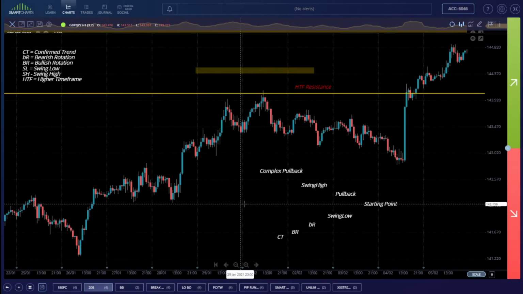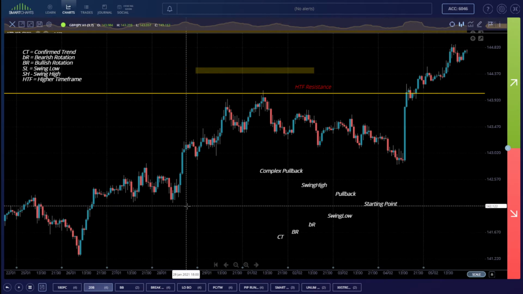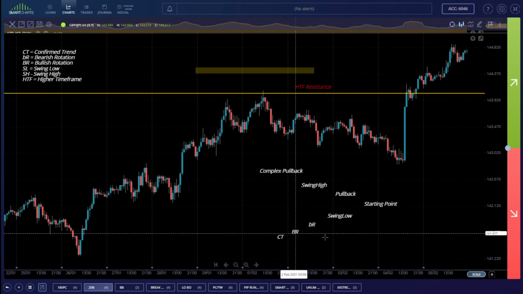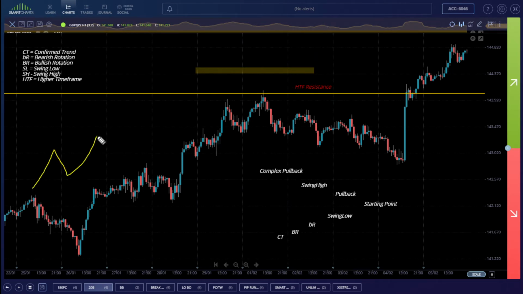Whenever we have a starting point, it's always from a bullish rotation or a bearish rotation. So whenever you've got the market doing something like this, that will become your starting point once we've broken the most recent swing high or swing low.